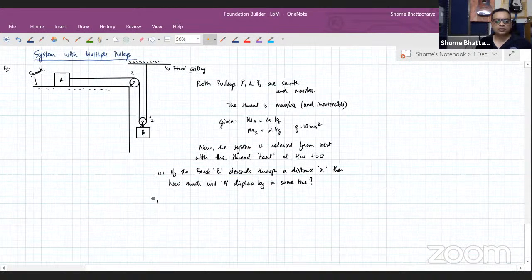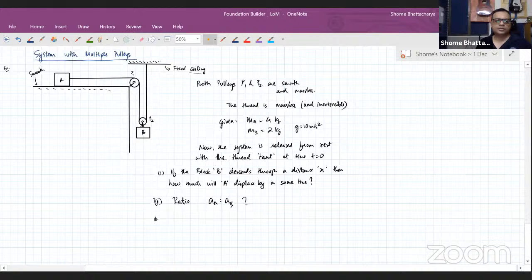Second, we have to find out the ratio of acceleration of A to acceleration of B. Okay.